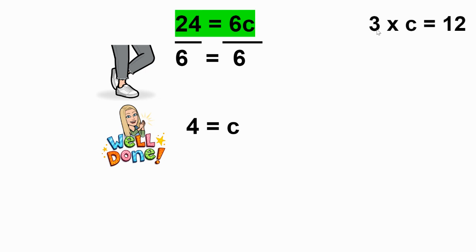You may have been used to seeing a number with an X for multiplication or times the letter, or maybe you've seen a dot. We don't typically like to use the X as the multiplication symbol as you get further on in math. The reason why is, if we replaced that C with the variable X, it would be 3 times X equals 12.